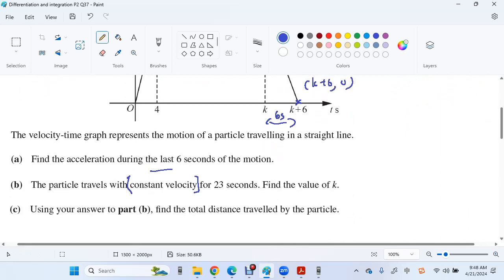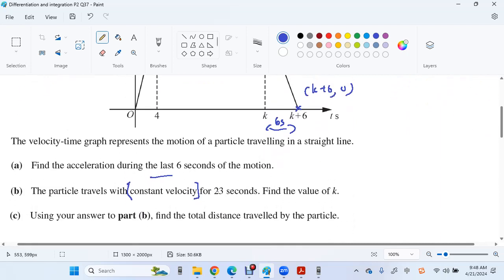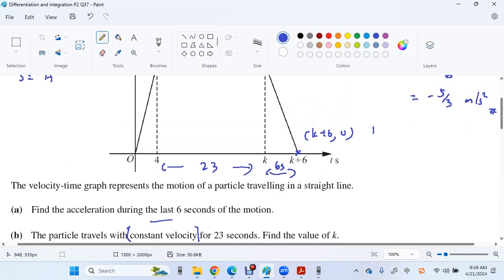It says it travels at constant velocity for 23 seconds, so we know that k is 4 plus 23. So k is 27. 1 mark.